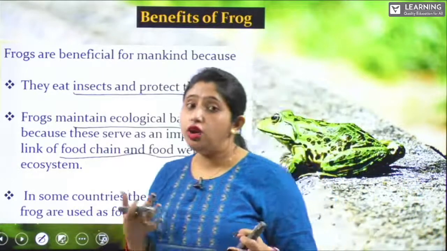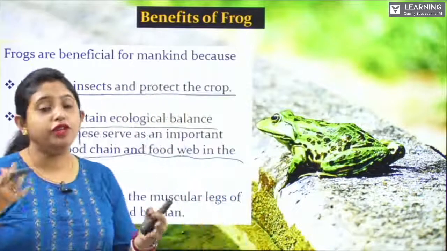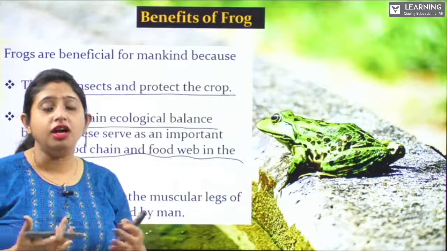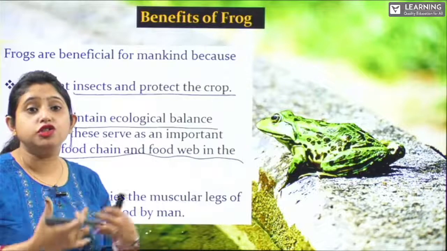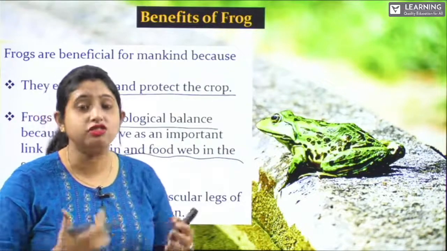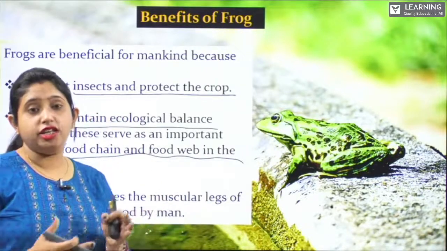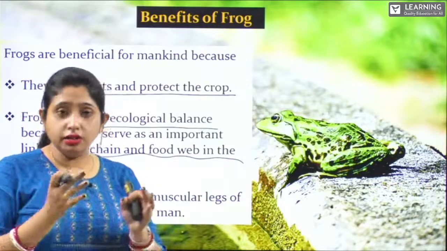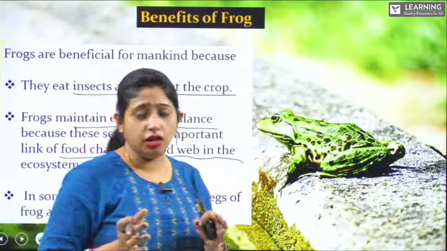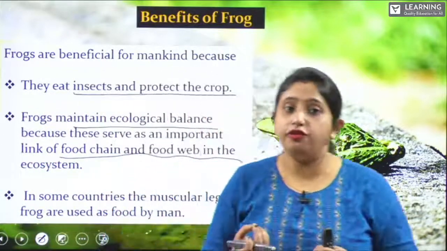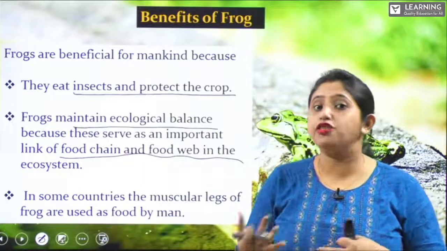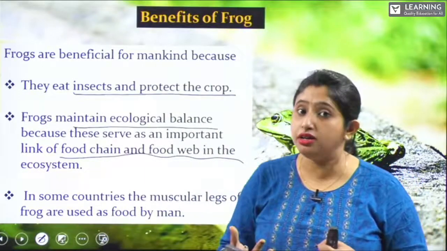You know about the food chain, right? Each and every living organism is dependent on one another, so the transfer of food, that is the transfer of energy, takes place. The frog will be eating insects. Again, the frogs will be eaten by the snake.